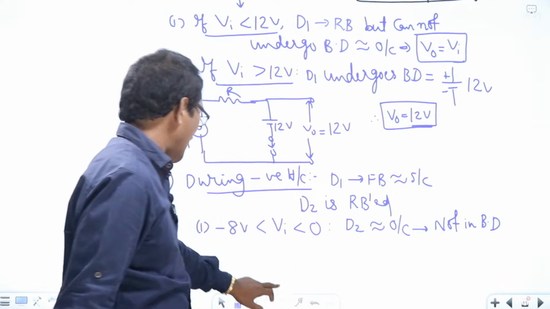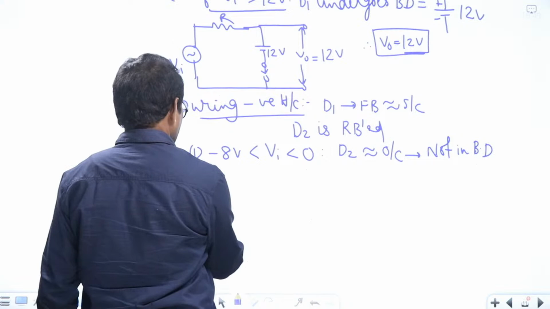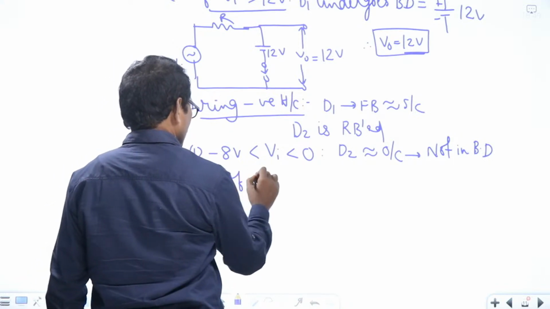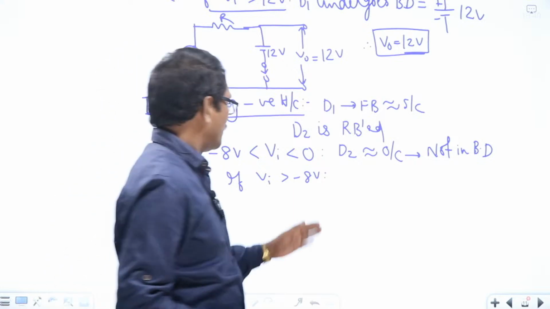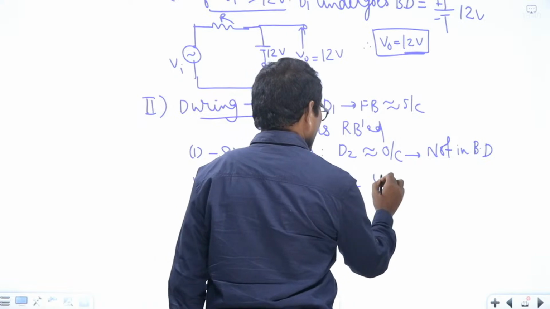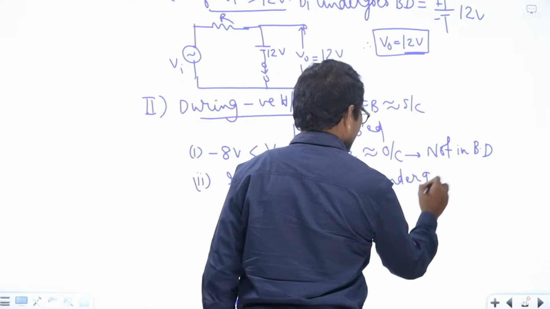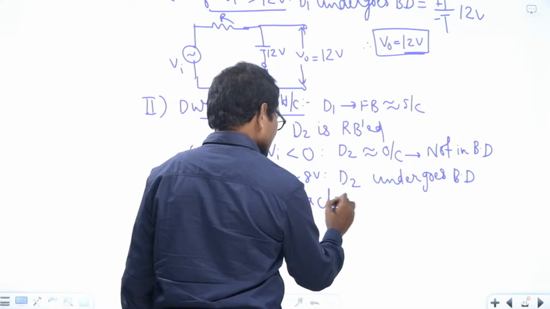On the other hand, in the second case, if VI goes beyond -8 volts, then D2 undergoes breakdown and acts as a battery of -8 volts.